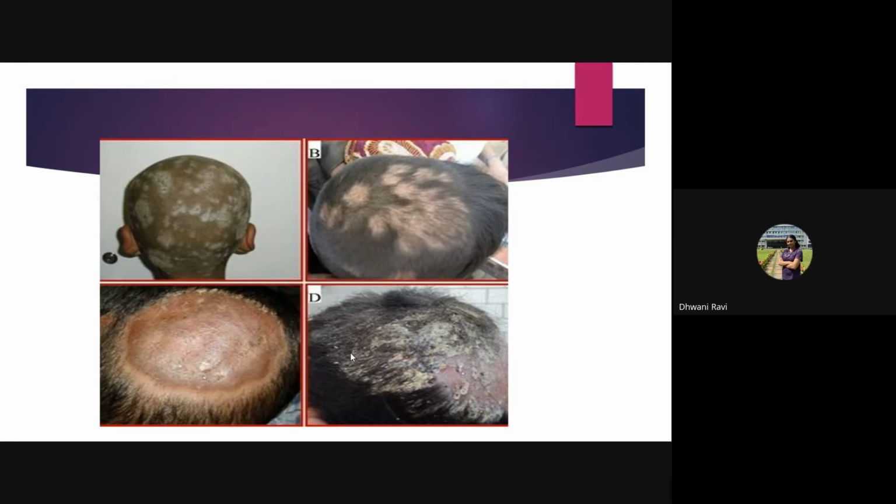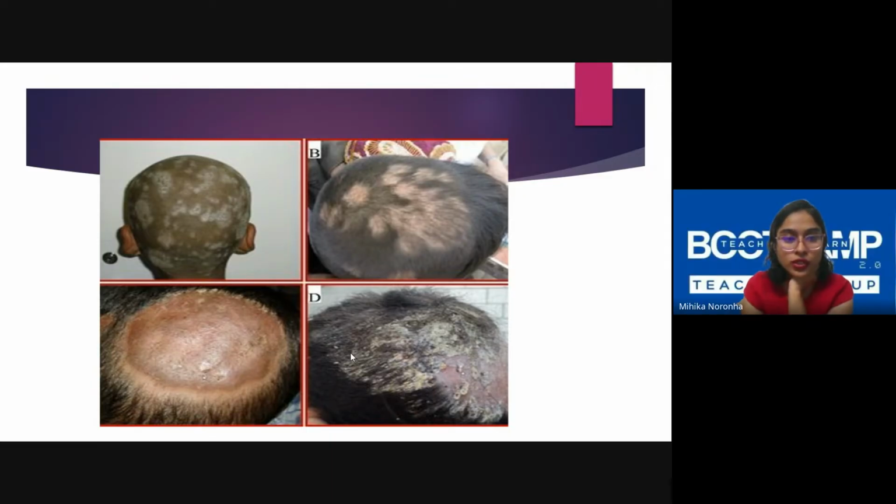In picture C, there is hyperpigmentation of the skin and there are no hair follicles that I can see. Yeah, so it's a well-defined plaque with loss of hair. There is also scaling. Navneeta, give the full description.